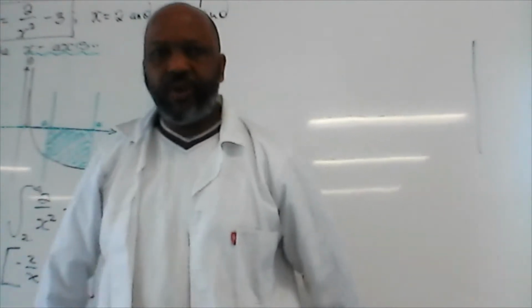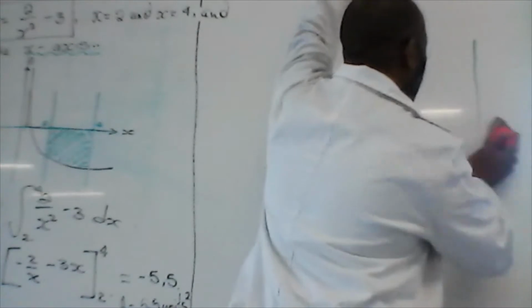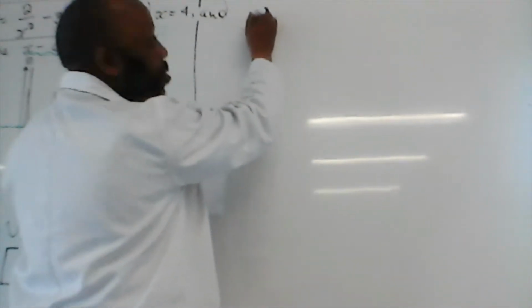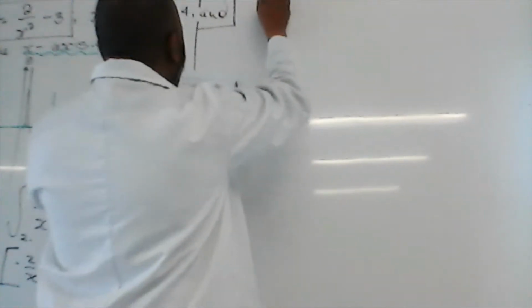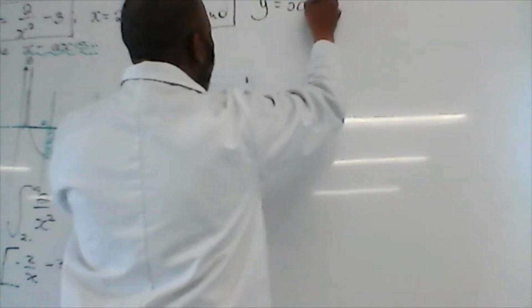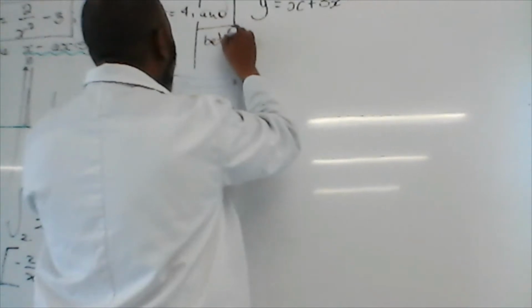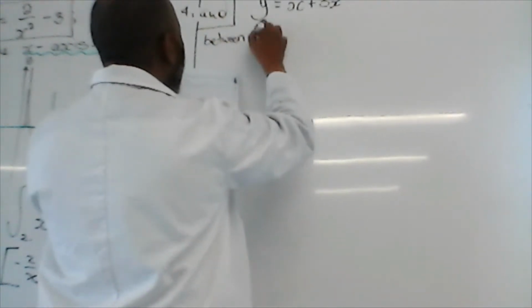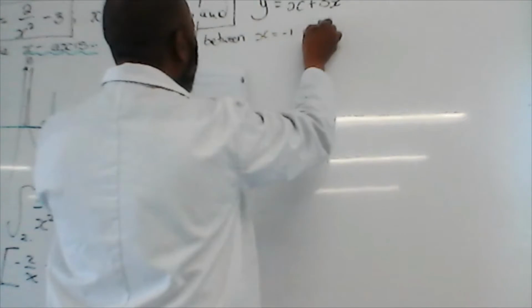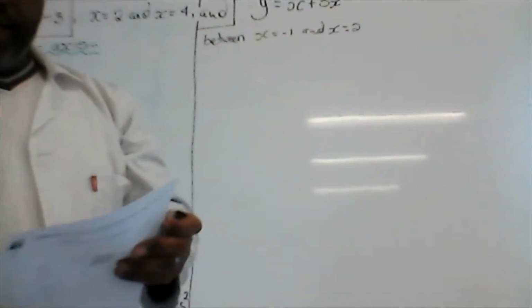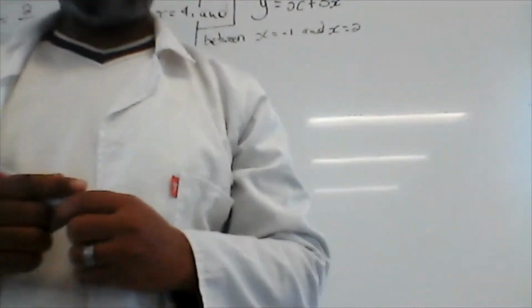I'm just going to move the board a bit to the right to get more surface area to work on. So we want to find y equals x squared plus 3x, and this area is also between x equals -1 and x equals 2, and this area is bounded by the x-axis.